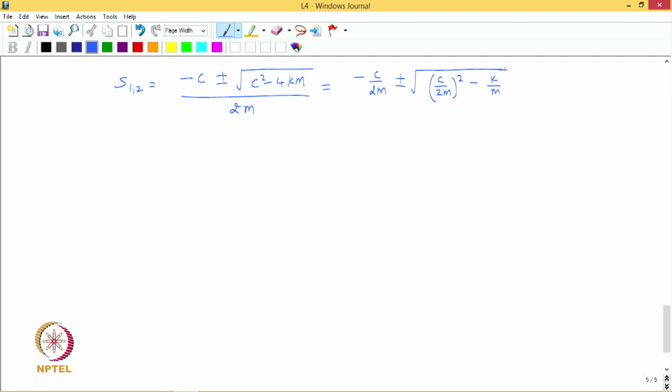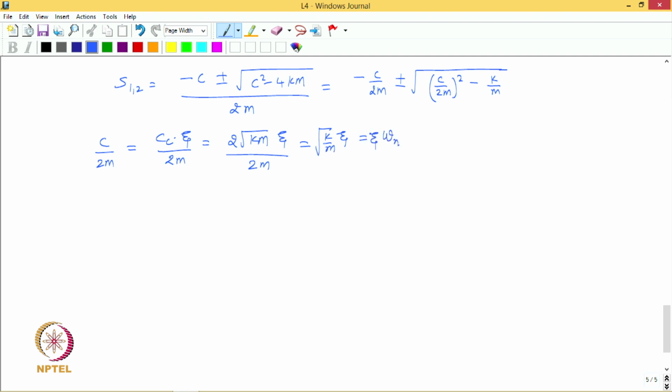So, if we look one by one at these factors, then C by 2m can be written as Cc times damping factor, right, and Cc can be written as 2 under root km, okay, and that becomes zeta under root k by m, right, and under root k by m is nothing but the natural frequency of the system. So, this gives zeta omega n.